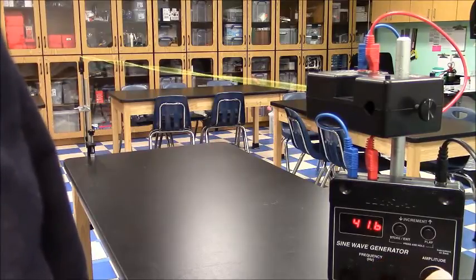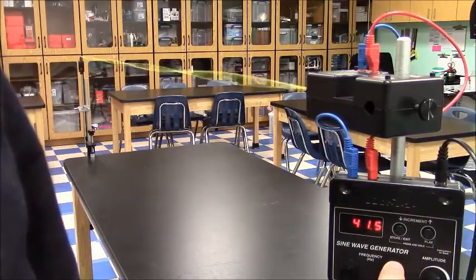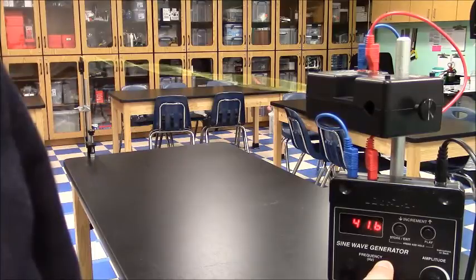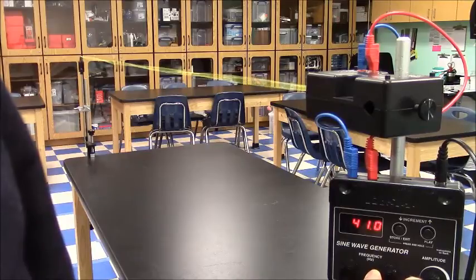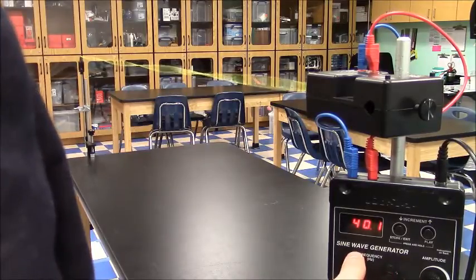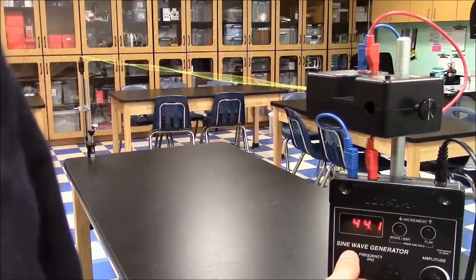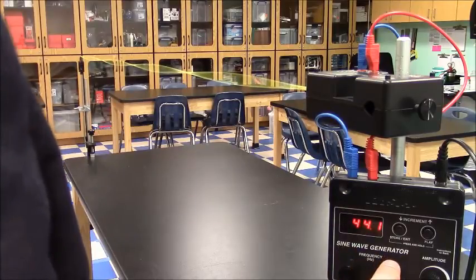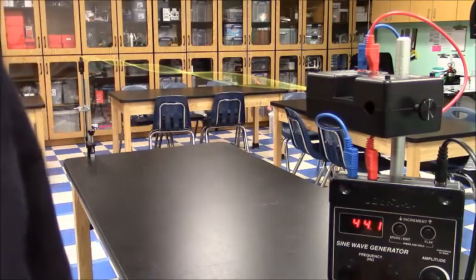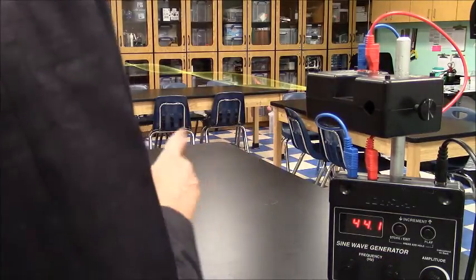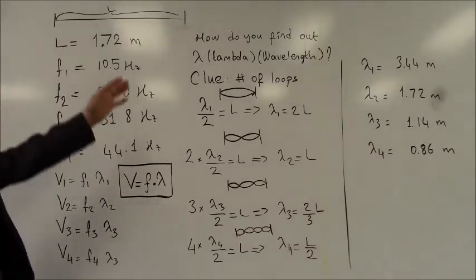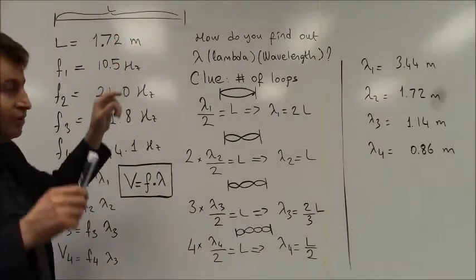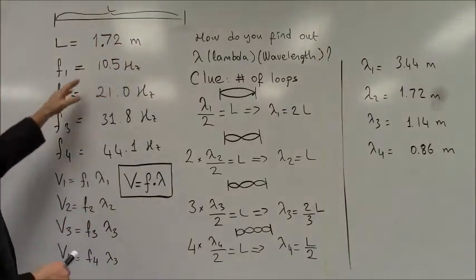And a little bit more accurate. Yeah, there we go. We have it right now, so it's pretty good. This is our fourth harmonic. Okay, right now we have this data that we included on the length of the string and the frequencies here.